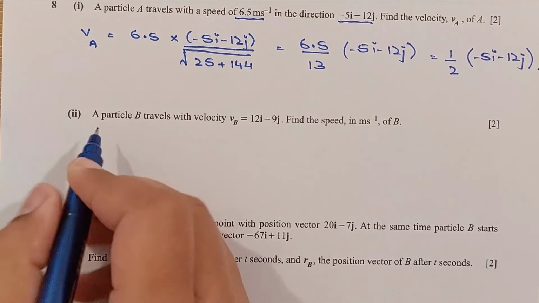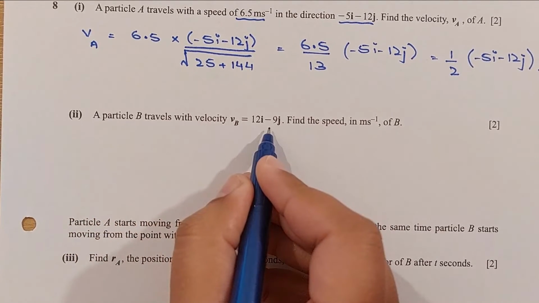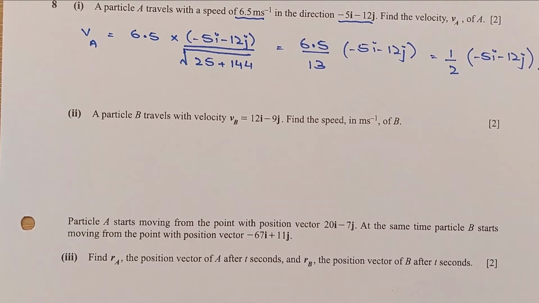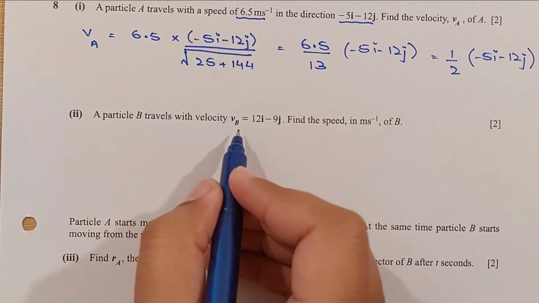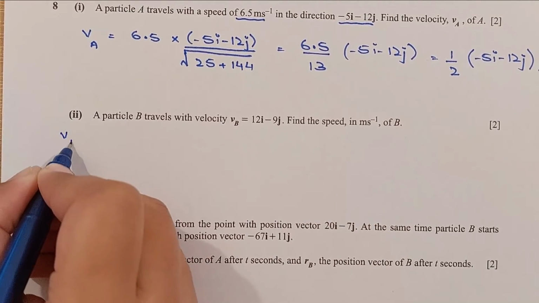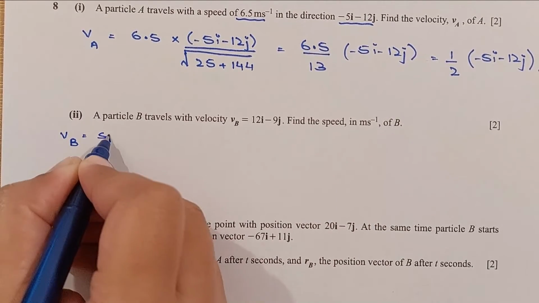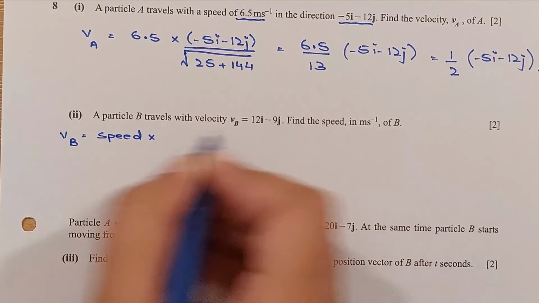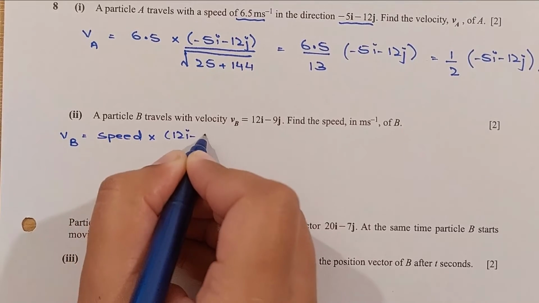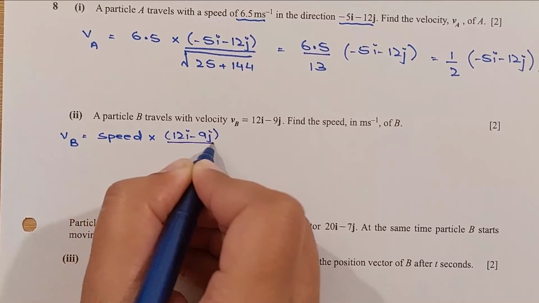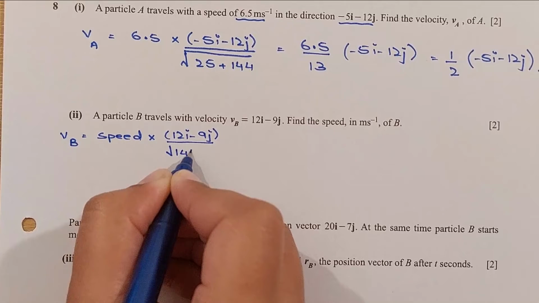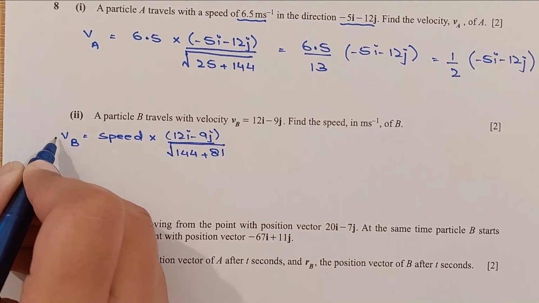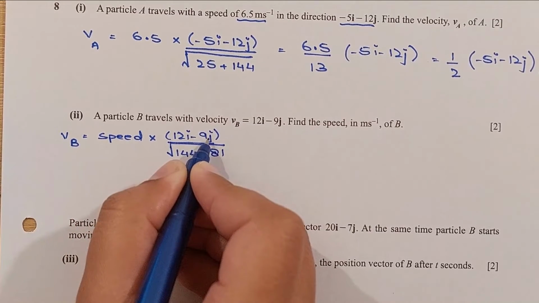Right, now for the second part, a particle B travels with a velocity vector 12i minus 9j. Find the speed in meters per second of the velocity of B. Okay, so the velocity vector of particle B is speed times the direction, that is 12i minus 9j, divided by the magnitude. This is 144 plus 81. And this vector is also equal to 12i minus 9j.